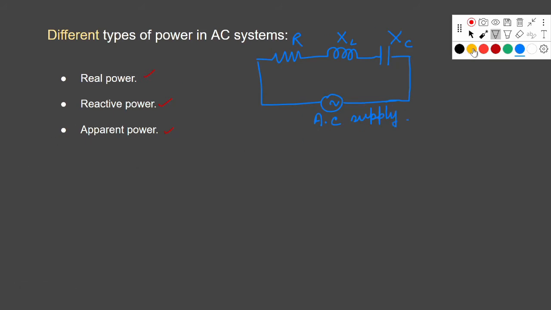So what do you mean by real power then? Real power is the actual work done. The actual work done is measured in terms of real power. What is reactive power? The power stored in reactive components.